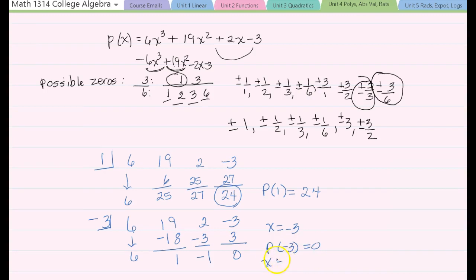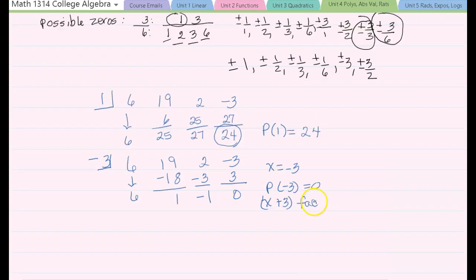We can now rewrite our polynomial of p of x is equal to 6x cubed plus 19x squared plus 2x minus 3 as 6x squared plus x minus 1 times x plus 3. We can use our knowledge of factoring quadratics to factor this quadratic 6x squared plus x minus 1, and we find the factors for that is 3x minus 1 times 2x plus 1.